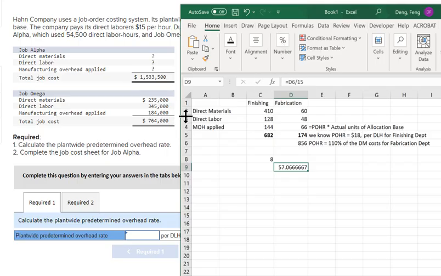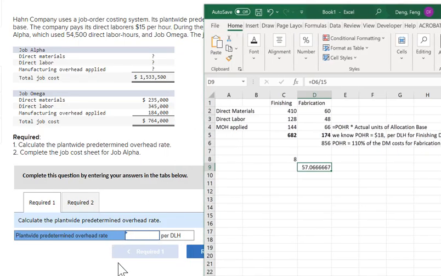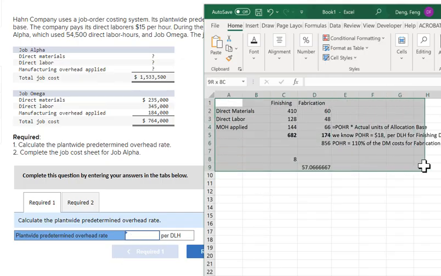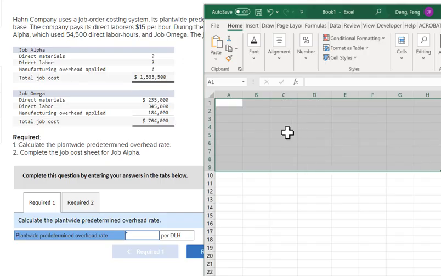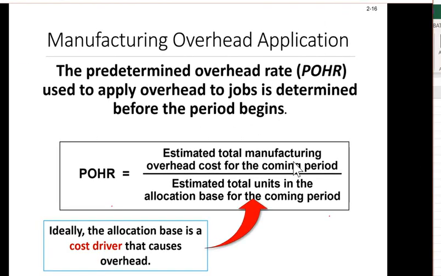Before we start doing this, we need to figure out what they ask us, what's the allocation rate. So I'm going to clean up here. We don't need this. So here, how do we find out the rate? Again, how do we find out the rate, if you guys still remember? So the rate is equal to estimated total manufacturing overhead cost divided by estimated total units in allocation base.